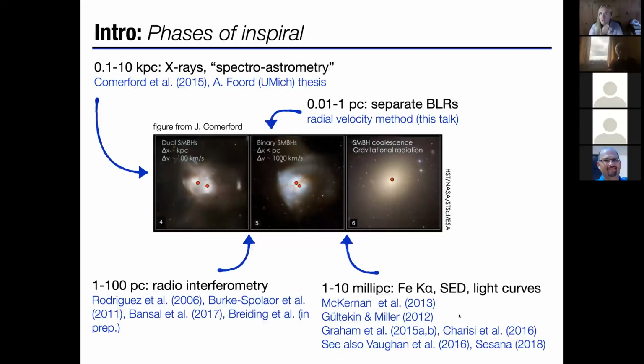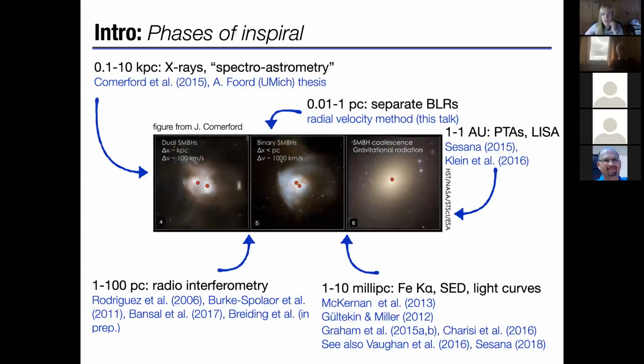And so you really can do multi-messenger astrophysics in this regime, but you're also very sort of subject to quasar variability. And I take that lesson very seriously, because it's, for me, also an issue with the method that I use. At the closest separations, you would have bright gravitational wave sources, and you could directly detect them with pulsar timing arrays or LISA, for example.